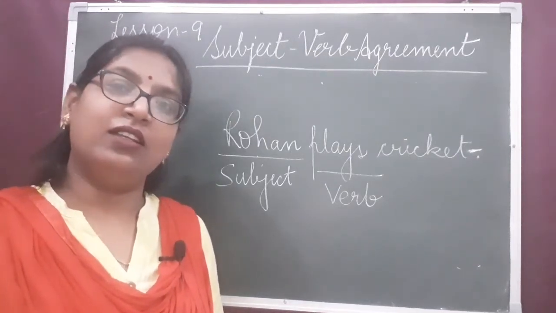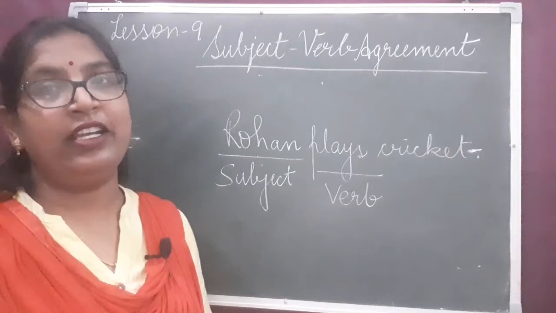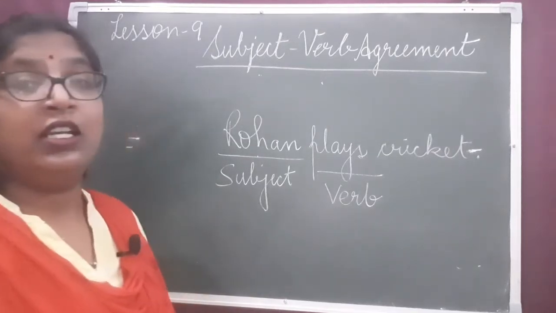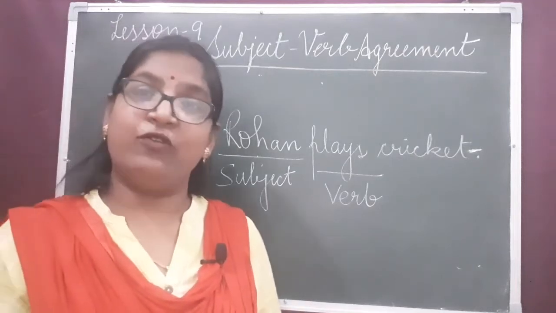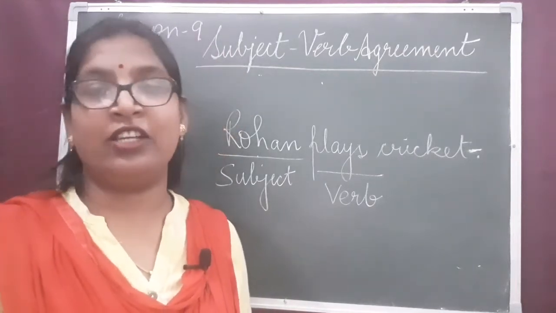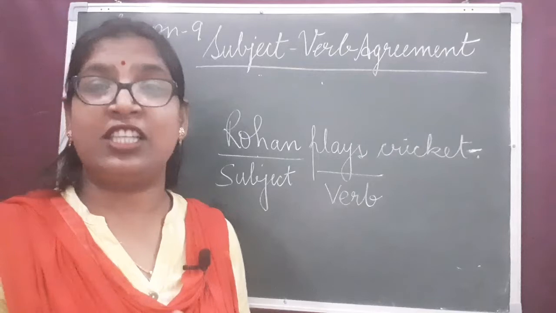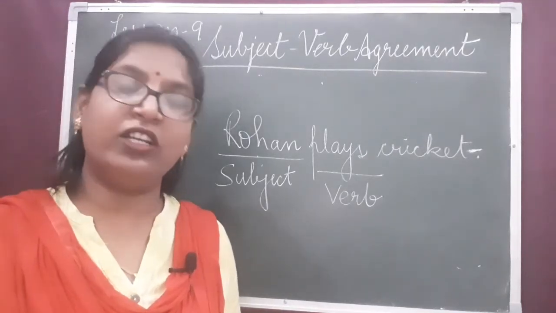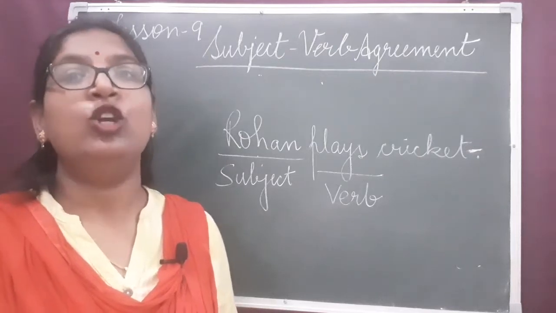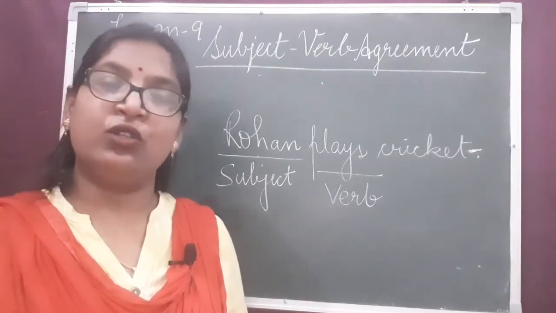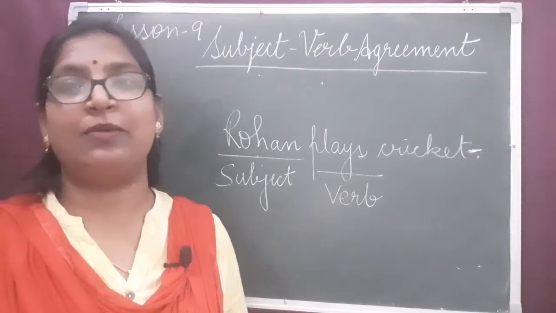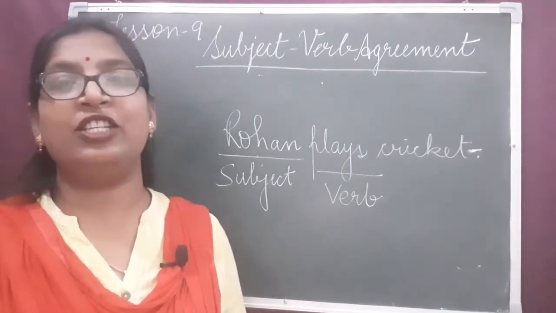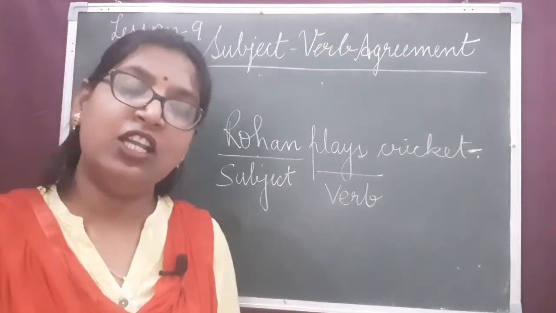When the subject agrees with its verb, we'll see. In a simple way we say, if the subject is singular, we use the singular verb. If the subject is plural, we use the plural verb. So according to the subject, when we use the verb, we say there is agreement between the subject and the verb.